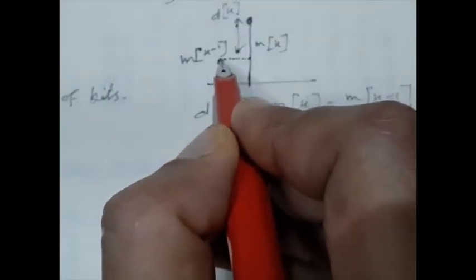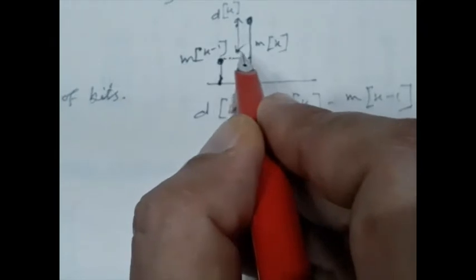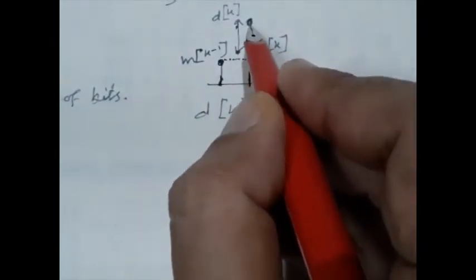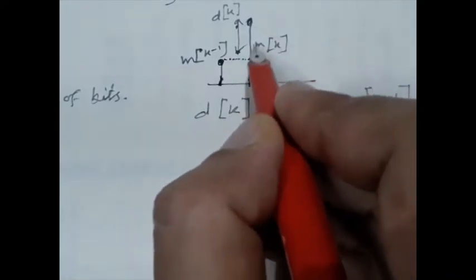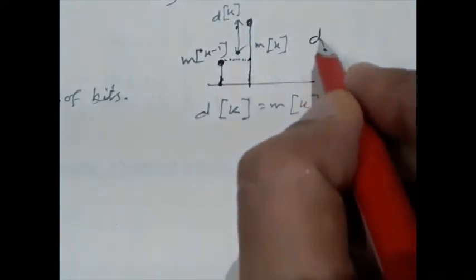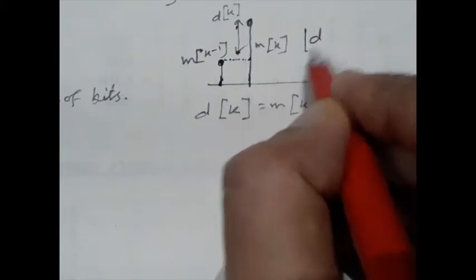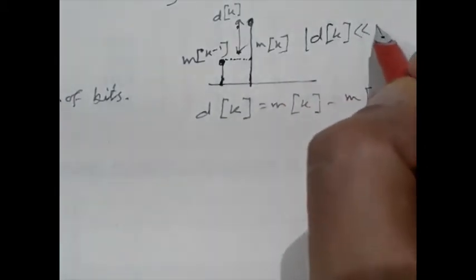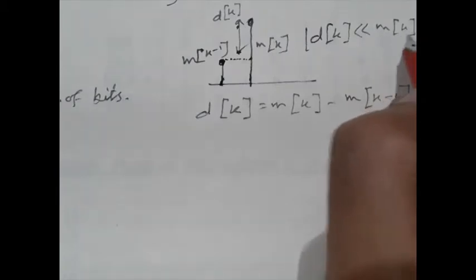Now if the samples are correlated, then it is expected that this difference is much smaller compared to the absolute value of mk. That means the magnitude of d is much smaller compared to the magnitude of mk.